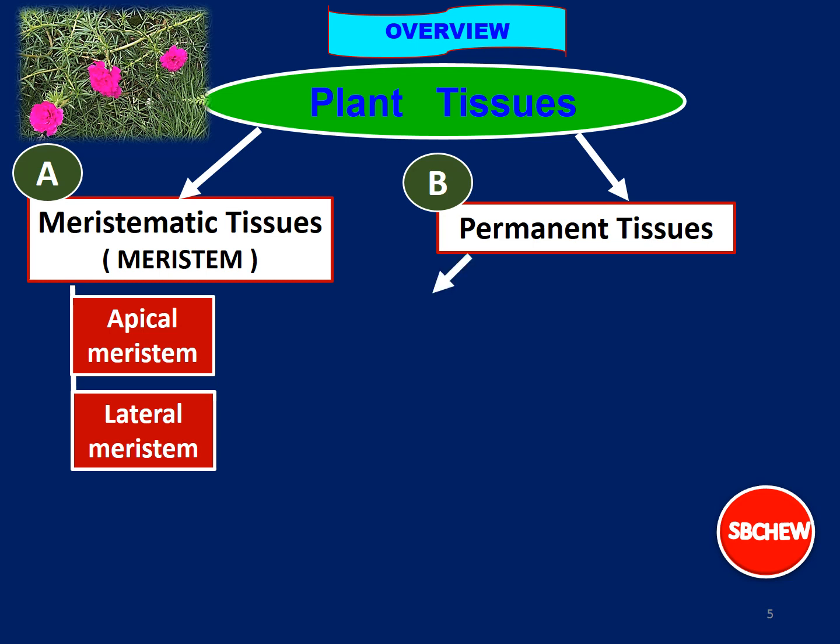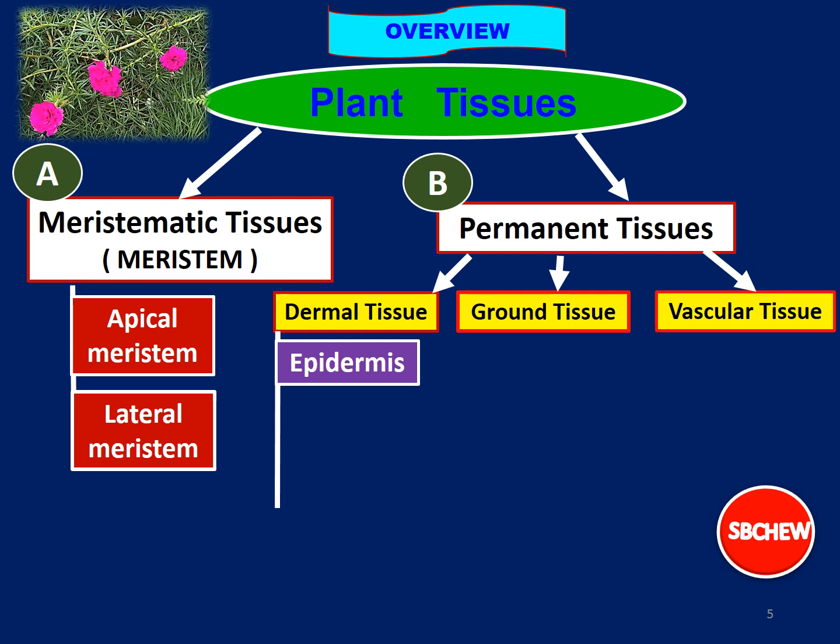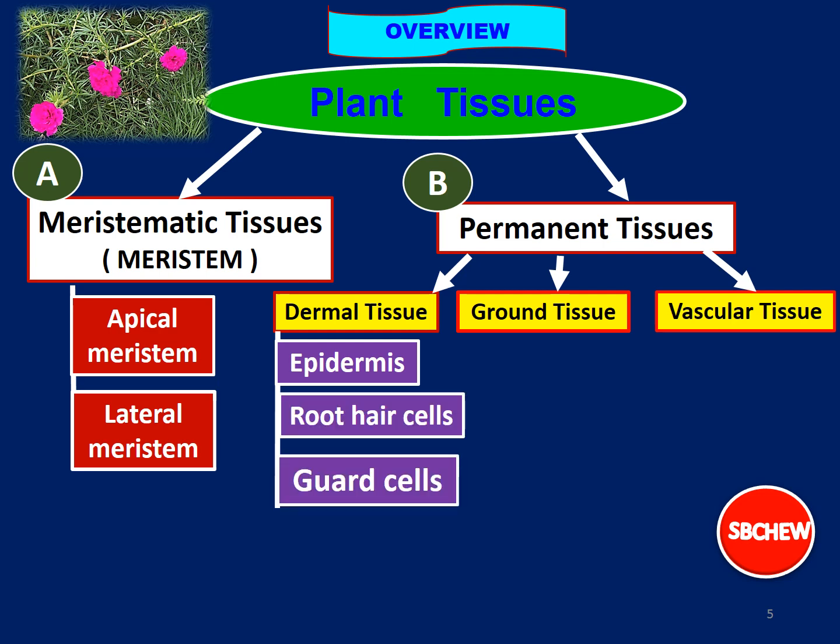For permanent tissues, there are three types: dermal tissue, ground tissue, and vascular tissue. Dermal tissue can be further divided into the epidermis, and specialized cells in the dermal tissue include the root hair cells and the guard cells.